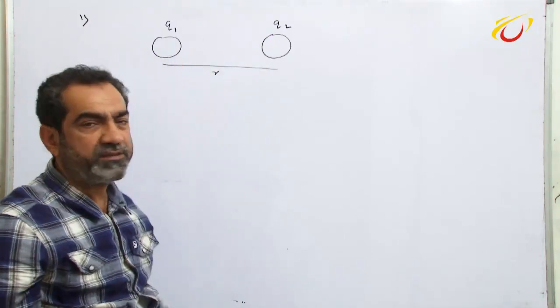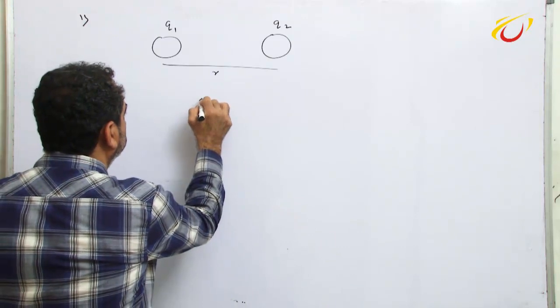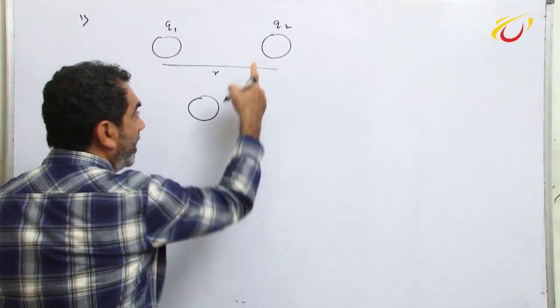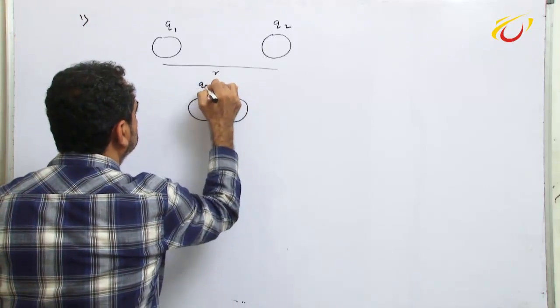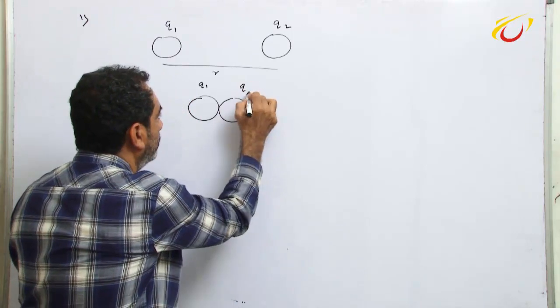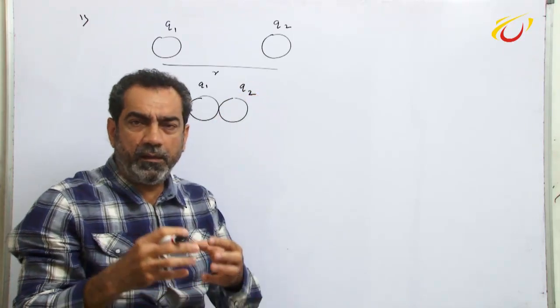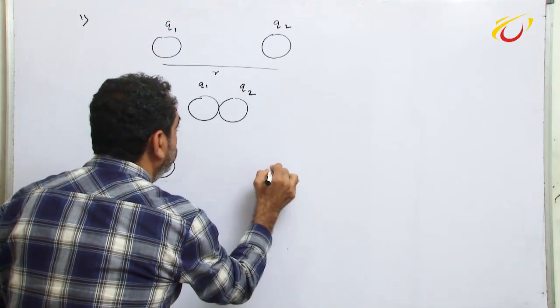This is Q1 and this is Q2, the distance is r. What does he say? Touch both bodies. Both are identical bodies, I repeat, both are identical. Touch both of them. Then keep both bodies at the same distance.